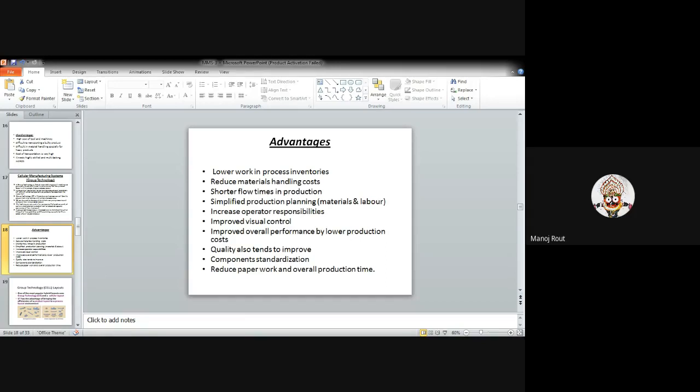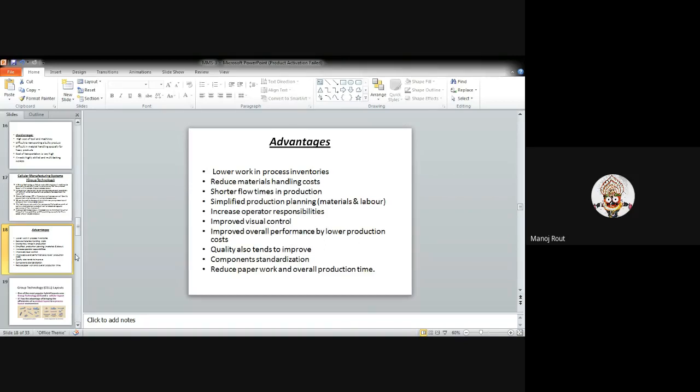The next one is increased operator responsibilities, improved visual controls, and improved overall performance through lower production cost. Quality also tends to improve, and component standardization is very much essential in group technology. And the last one is that it reduces paperwork and overall production time also. So these are the advantages of group technology.